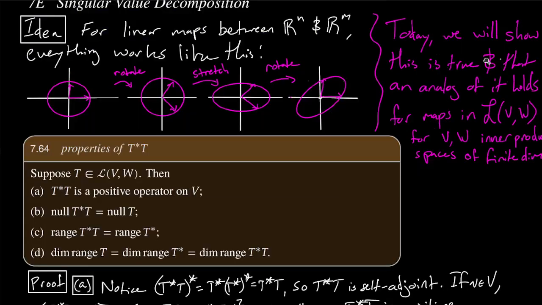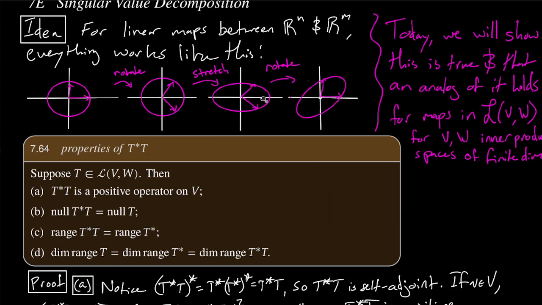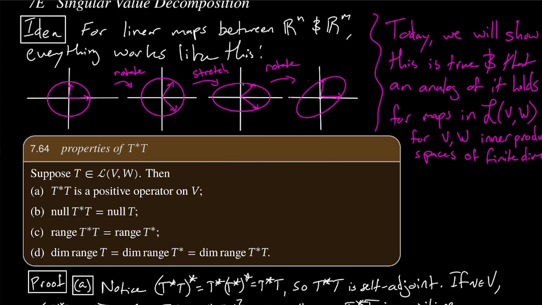Going back to our picture, when we took this circle and stretched it into an ellipse, the singular values turn out to be the lengths of the axes.